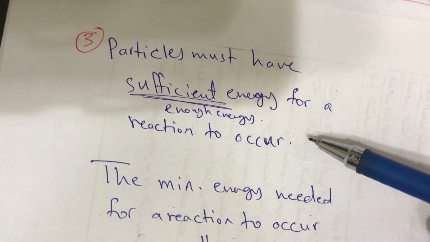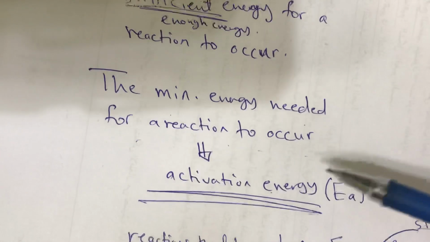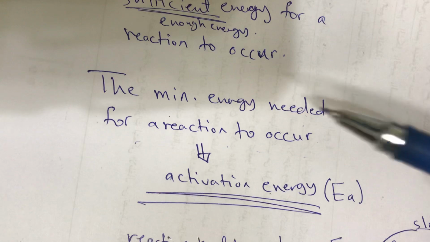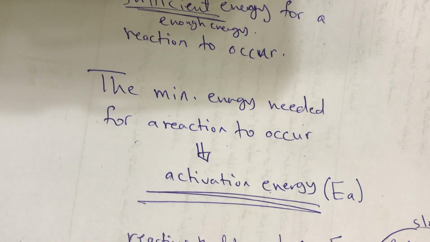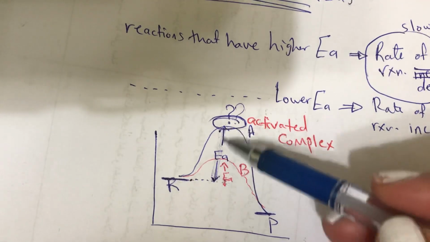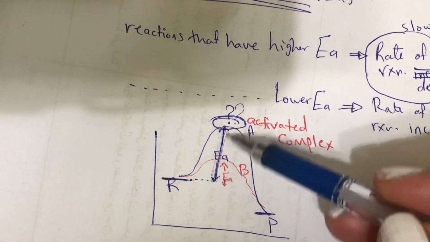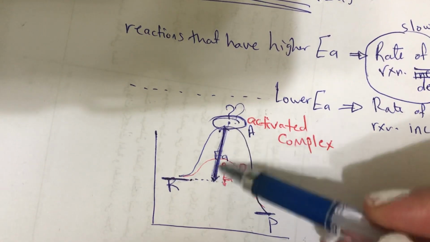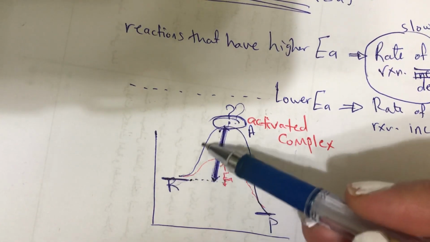Enough energy, how much? It's equal to the activation energy, which is the minimum energy needed for a reaction to occur, or the minimum energy needed for a reactant to transfer to the activated complex.